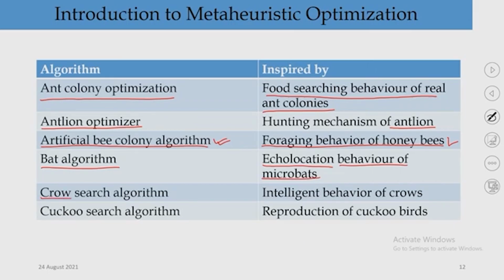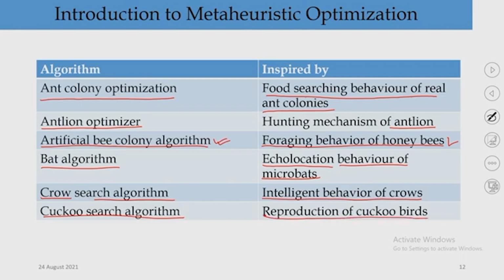Then the crow search algorithm. This is inspired by the intelligent behavior of crows. This is another metaheuristic optimization algorithm. Then the cuckoo search algorithm. This is inspired by the reproduction of cuckoo birds.